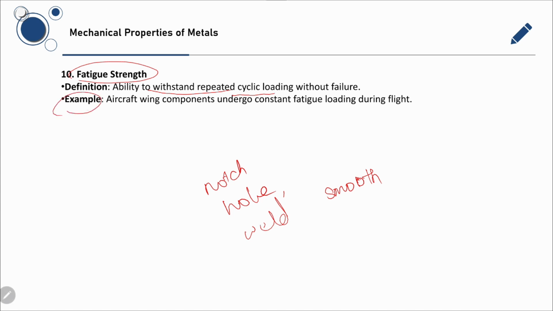An example is aircraft wing components, which see constant cyclic loads from lift and turbulence, so they are designed and inspected specifically for fatigue. Fatigue strength is about surviving millions of small hits: control stress risers and surface condition to stop cracks from starting and growing. This is fatigue strength.